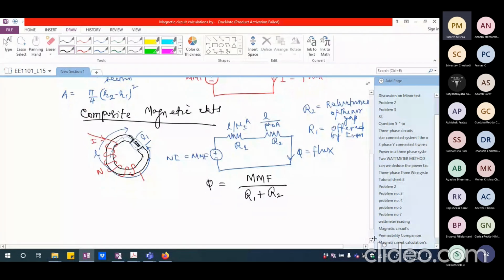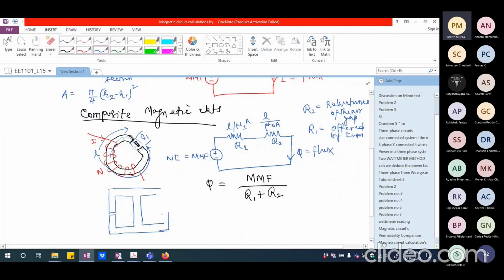See, for example, if I say that I'm going to have a magnetic material somewhat like this. So let's say this is the middle portion of a transformer. And I'm going to have on one side like this, and let's say I have a small gap here, and then I'm going to again have a small gap on the other side as well, somewhat like this.